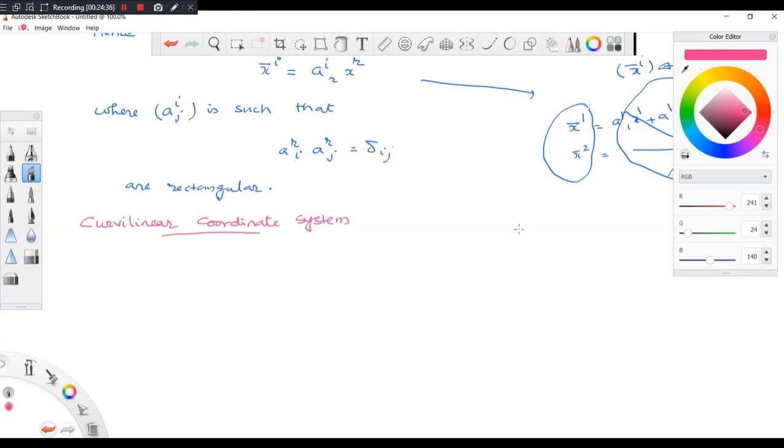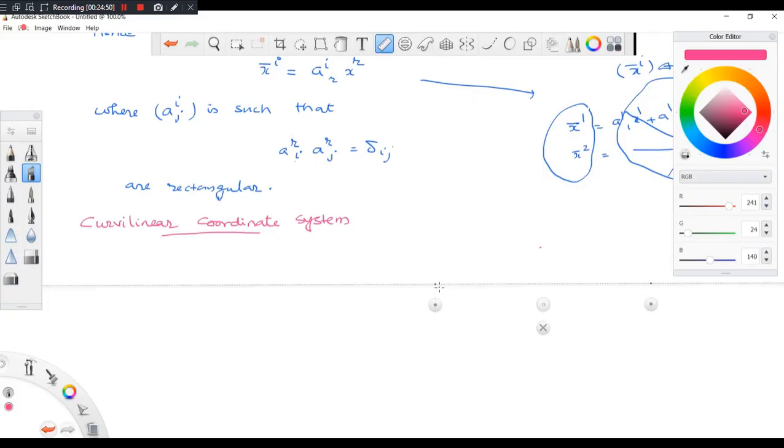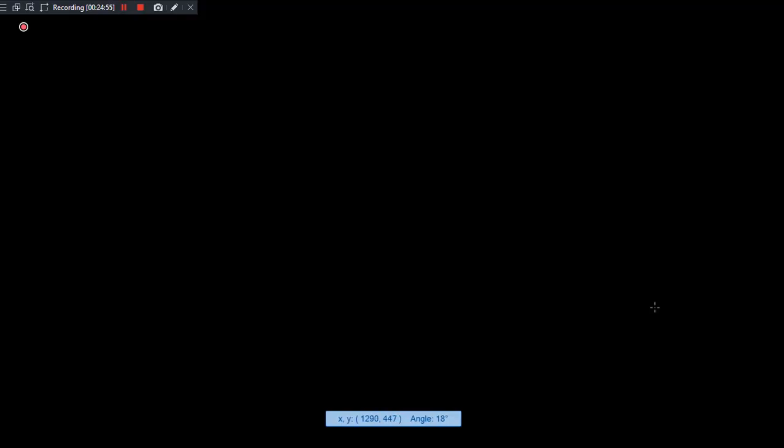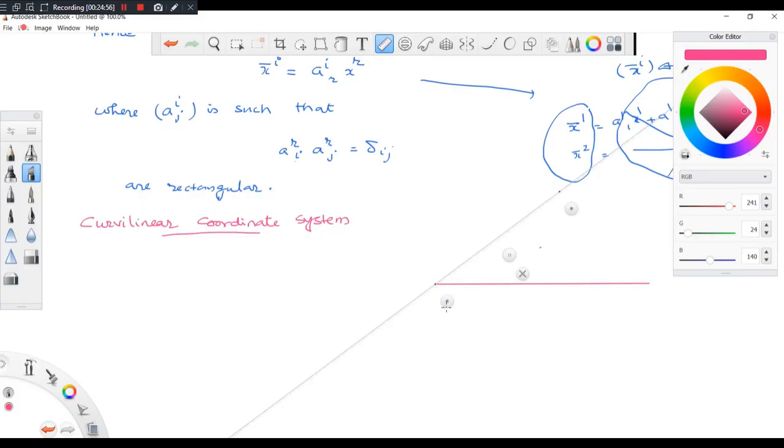See, what is our usual way of doing it? You take an x-axis, something like this, and you have a y-axis.